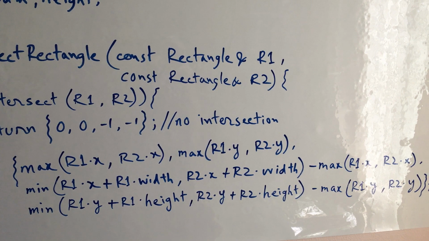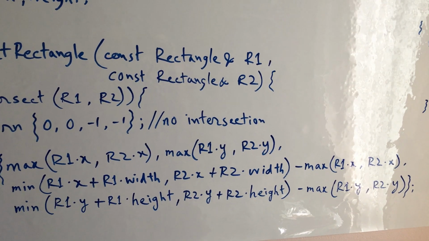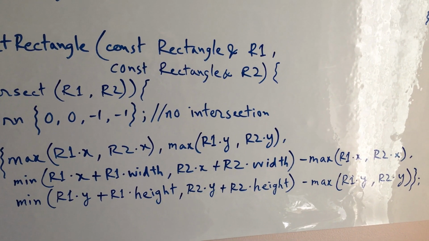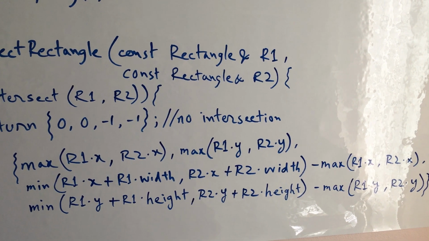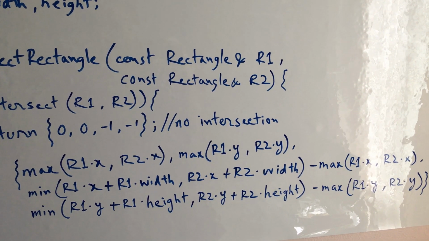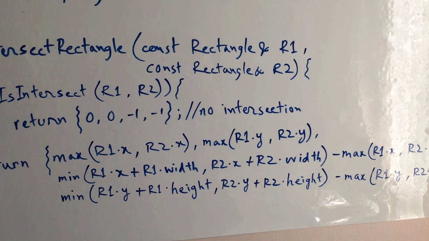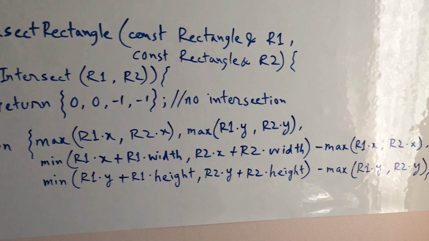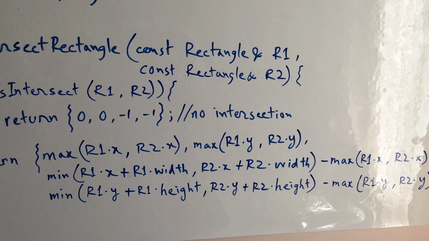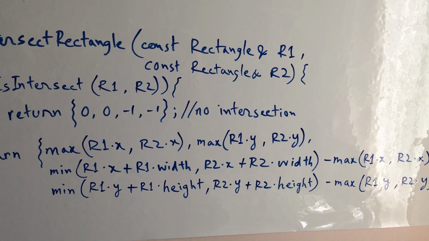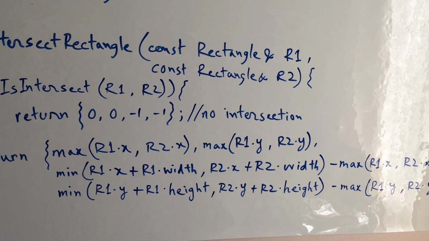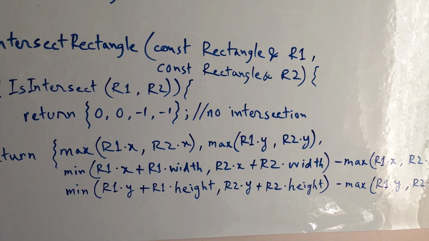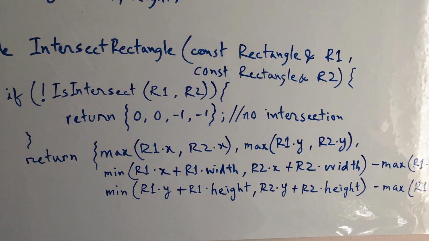It will find the minimum, and then it will subtract the maximum of the x-axis between the two rectangles, and the final parameter that it will return is similar, for the y coordinate. So first we return for the x coordinate, and then we return for the y coordinate.